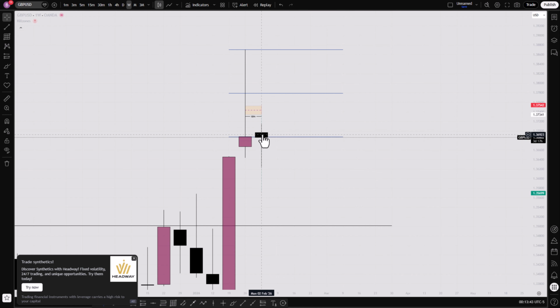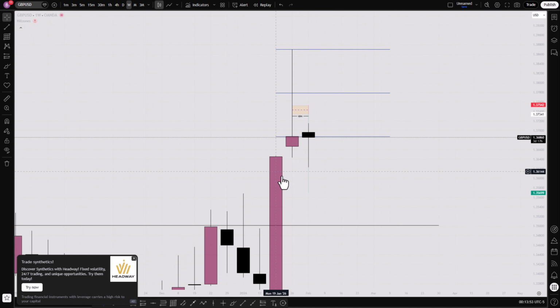Here we see price has taken out this low, the previous week low, right? That's taking out the previous week low. But like I said, we want to see more prices coming here before bullish.